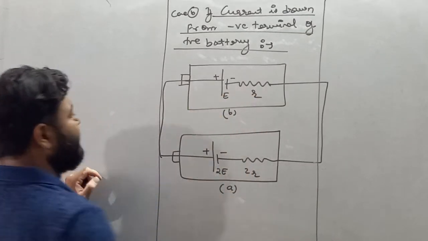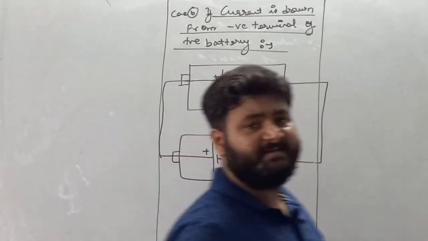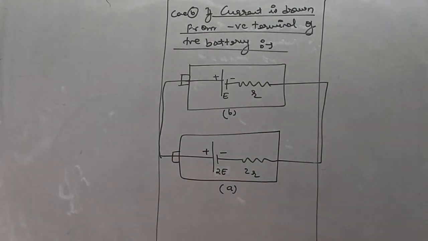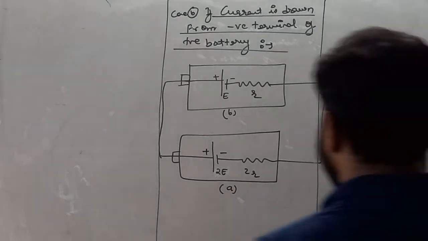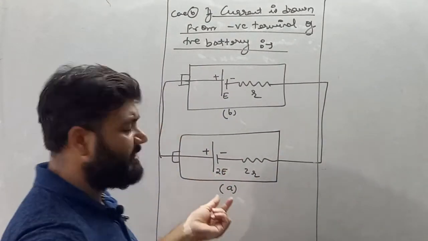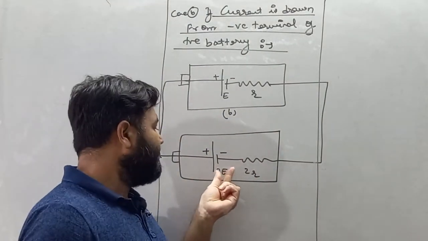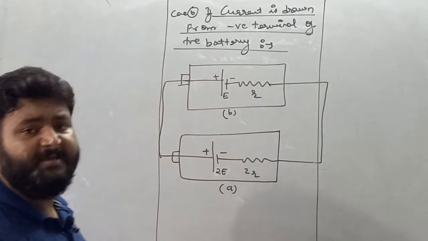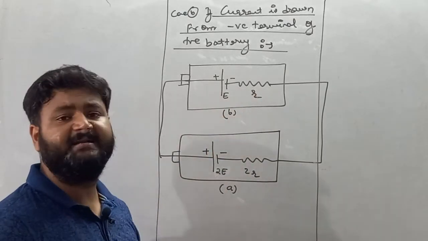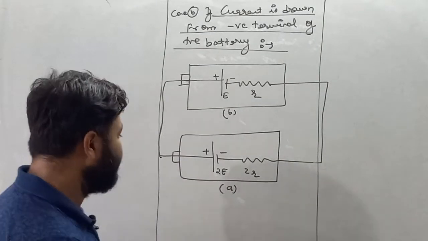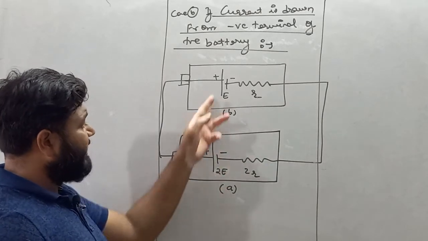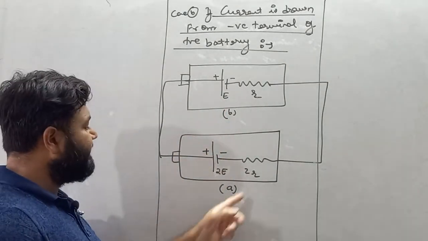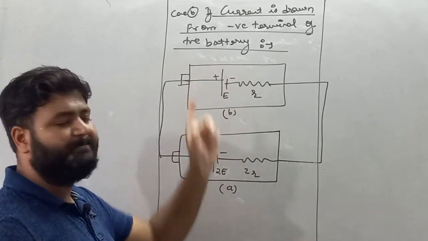Similarly, battery B carries potential E and internal resistance R. Now try to understand, my dear student, very important and quite tricky concept. If I compare both the batteries, then battery A carries higher potential and battery B carries lower potential.